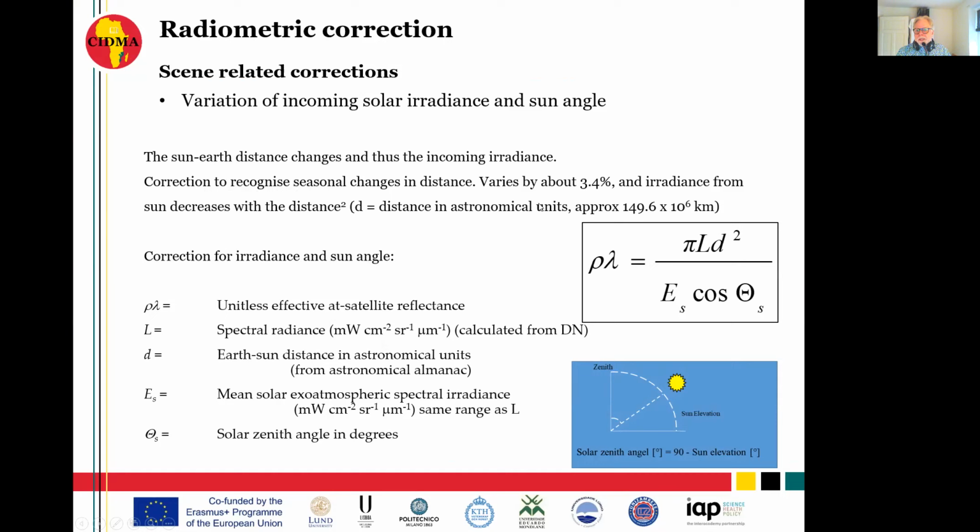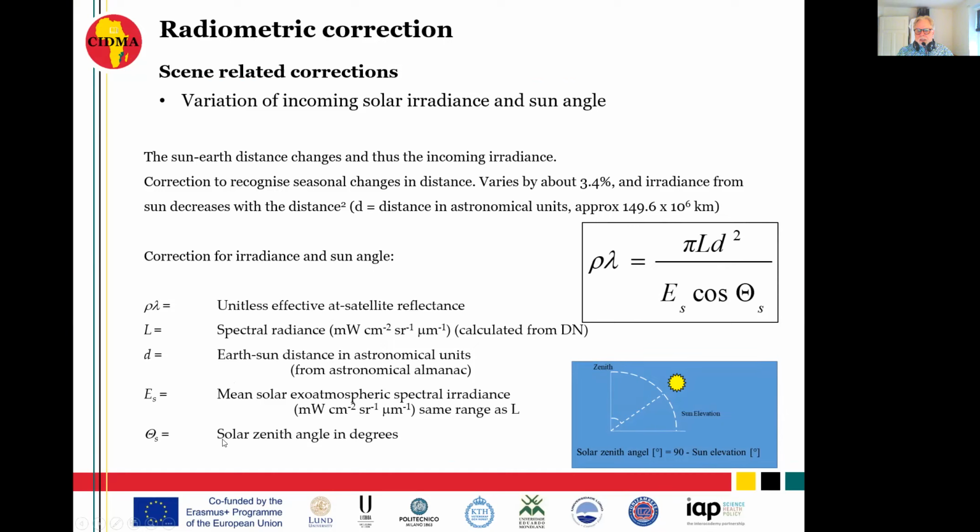And the mean distance in astronomical units is about 149.6 multiplied by 10 to the power of 6 kilometers, quite a far distance. But in some seasons, this distance is closer or longer. And that should be corrected for if we want to calculate at-satellite reflectance.